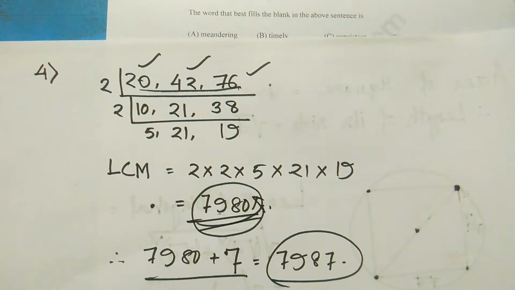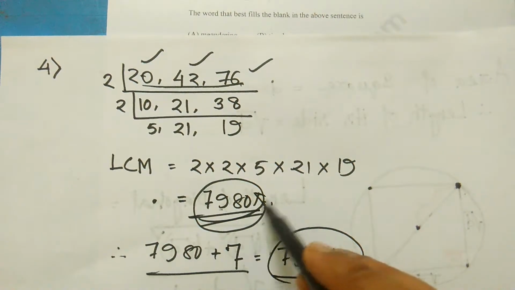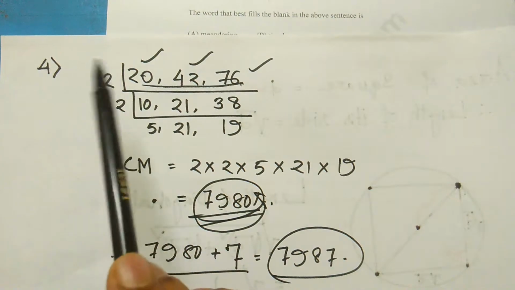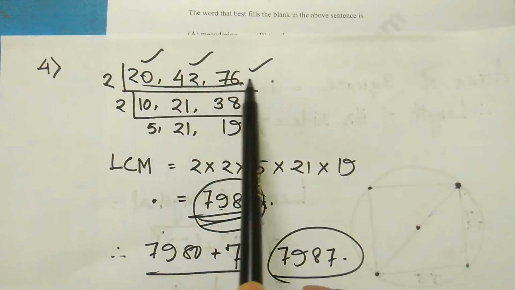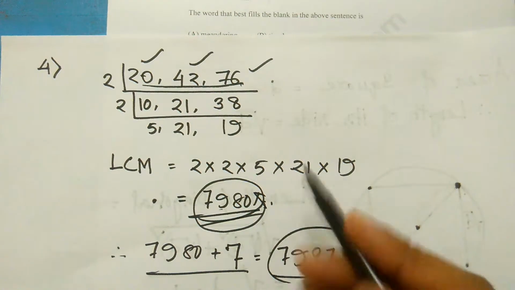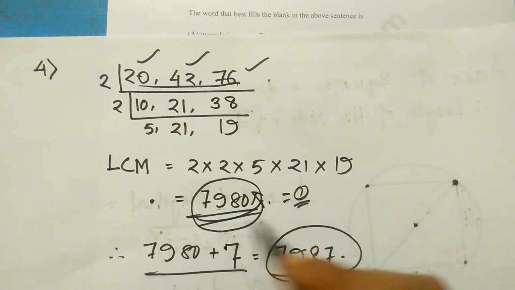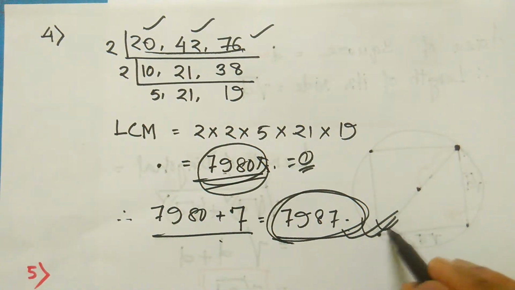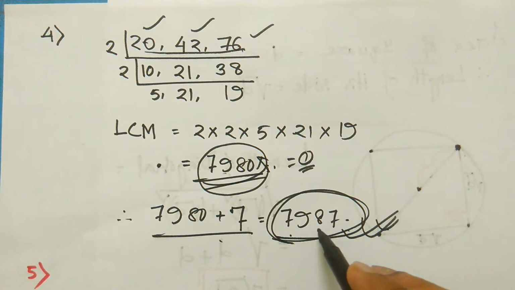This is the definition of LCM, right? So if you divide it by either 20, 42 or 76, you will get 0 as remainder. If you add 7 to it, you will get our required answer. So 7987 is the required answer for this question.